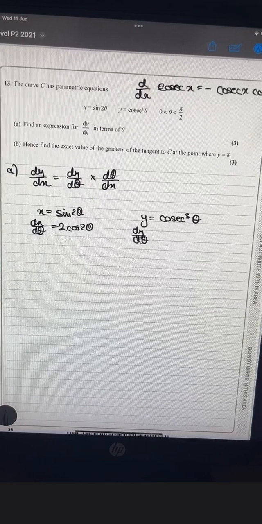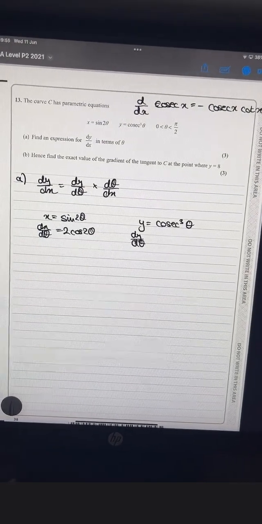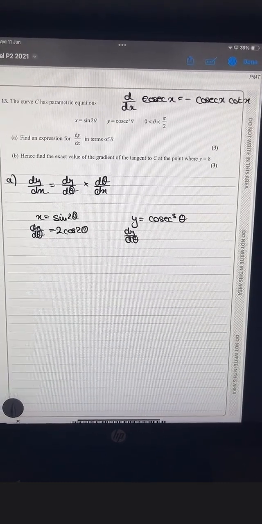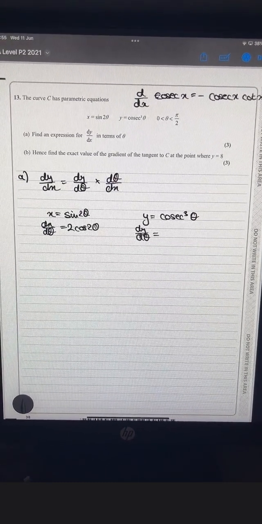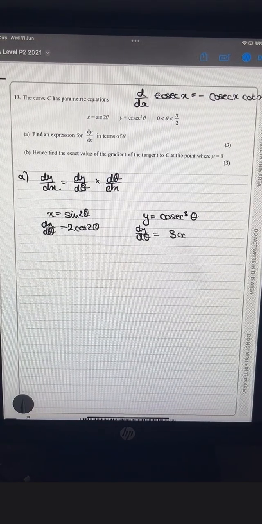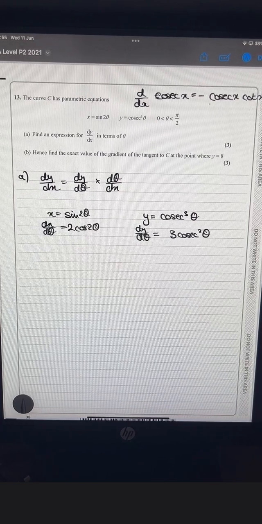All right, just going to zoom out. Sorry for the weird angle. All right, boom. Awesome. So that is going to be equal to, and remember I have to do the chain rule. So 3 lots of cosec squared theta, reduced to power, and then I do the that differentiates to that, so I have negative, and then cosec, so that's still cubed, cot theta. All right, so that's the derivative.